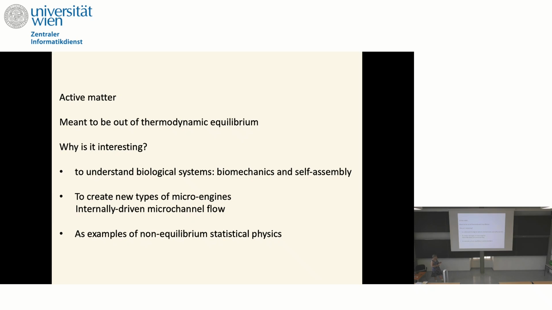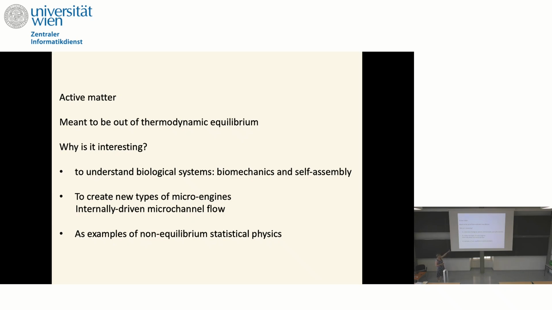The hardline theorists are thrilled with all this because we've now got lots of experiments where they can test theories of non-equilibrium statistical physics. These active systems are out of thermodynamic equilibrium. They're meant to be, and they stay there out of equilibrium. And so we've got loads of exciting new properties. And certainly, I'm sure in this school, you've seen a lot of different sorts of collective behavior.